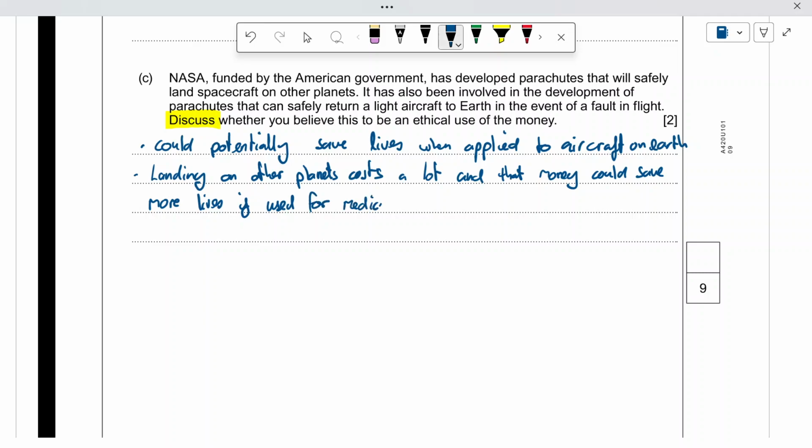If used for medicine, for example, or clean water in third world countries. Okay, question 3 done.